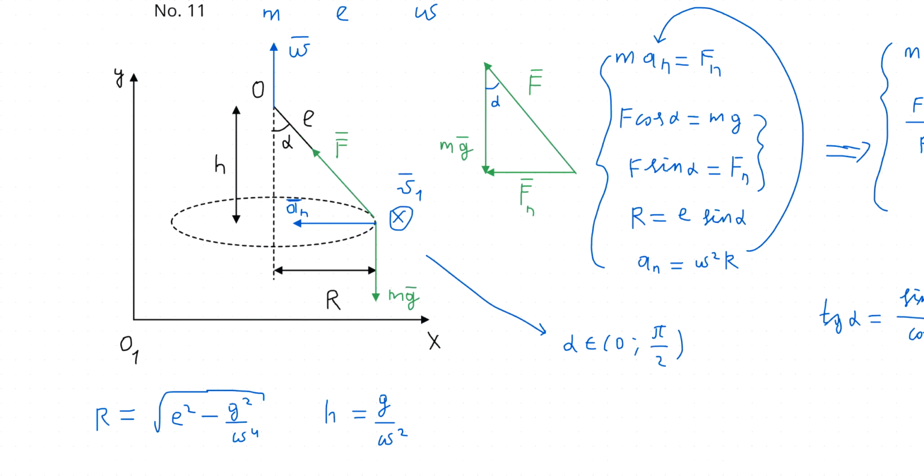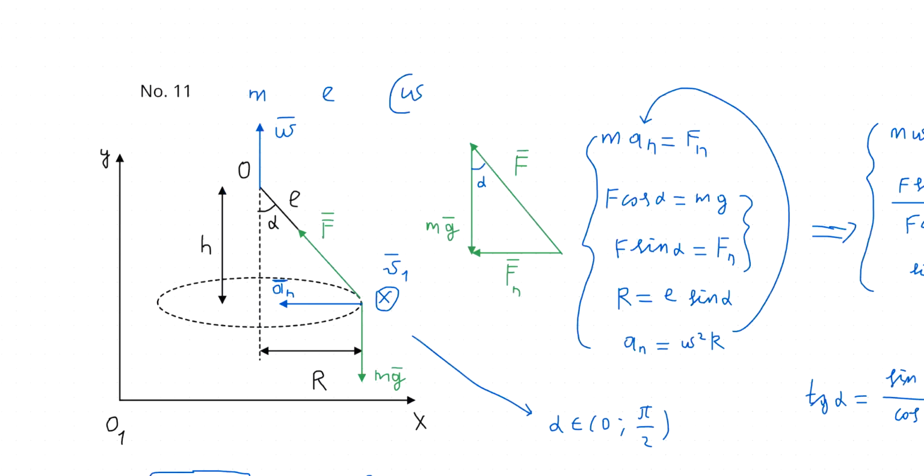If we know the radius and the height, but we need the radius, and we need omega.